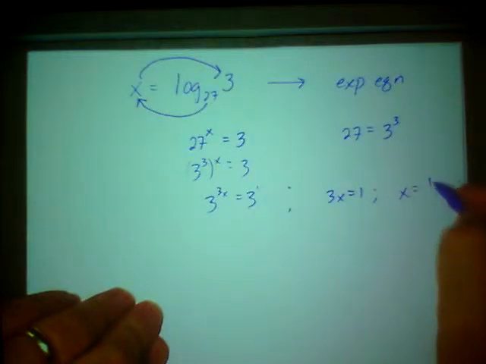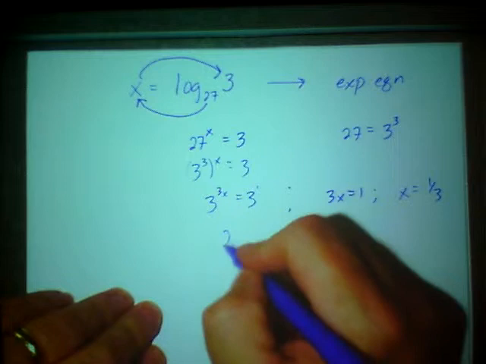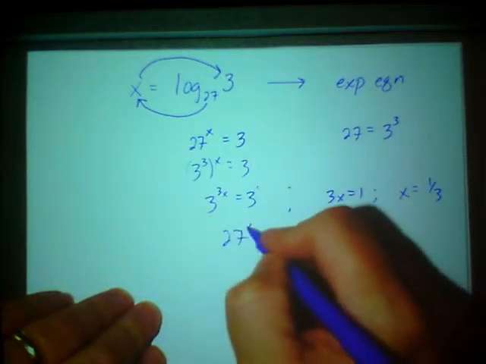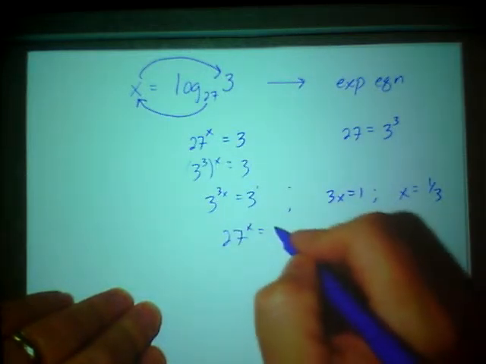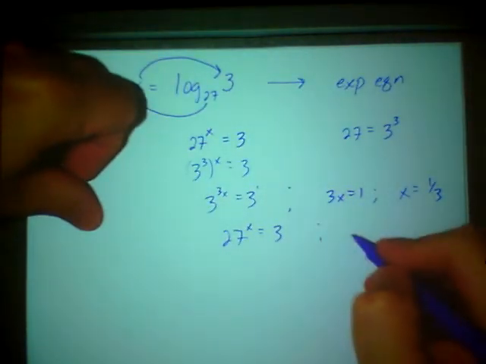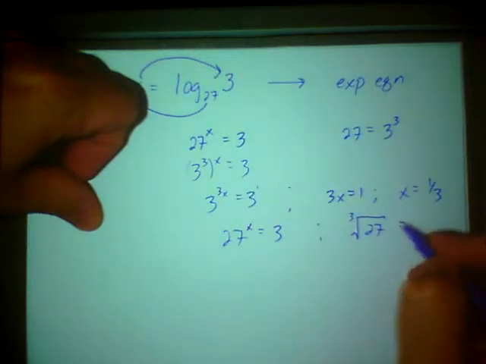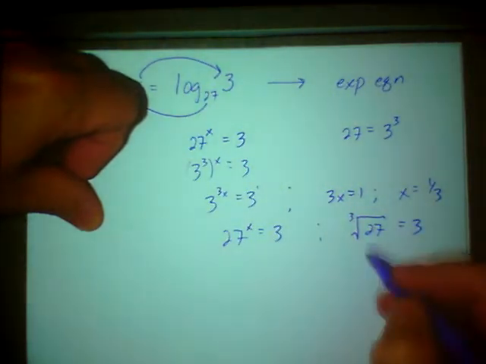Therefore, x is 1/3. Or, if you have a pretty good feel for rational exponents, when you see this, you ask what the exponent has to be on 27 to get it equal to 3. And maybe you realize that the cube root of 27 is 3.